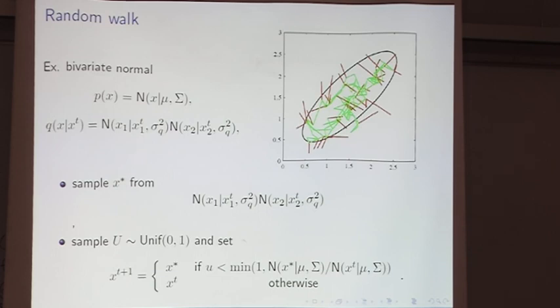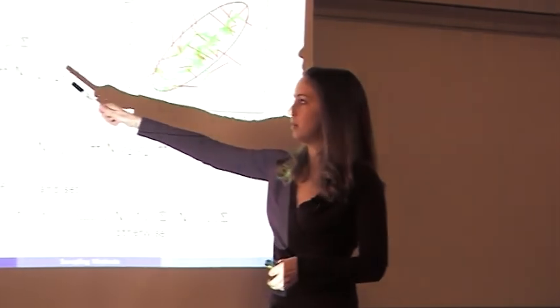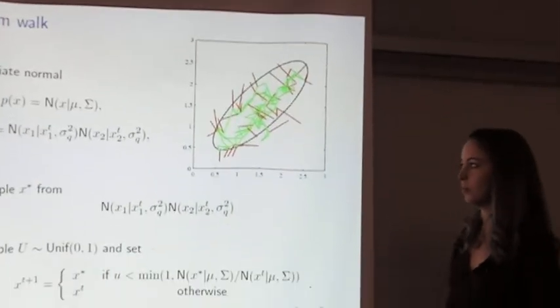Okay, so let's see an example with a bivariate normal. This is just an example for demonstration purposes. Obviously, we know how to sample from a bivariate normal. But let's consider that we use a random walk Metropolis-Hastings to sample from the bivariate normal. As our proposal distribution, we use a spherical normal.